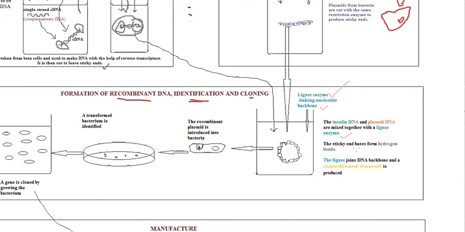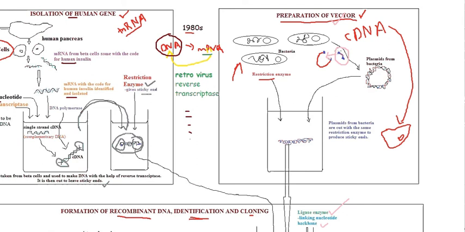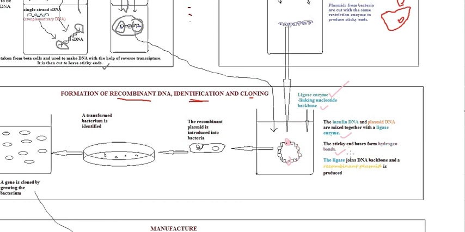Then the sticky end bases form hydrogen bonds. This region over here, this plus this, will form hydrogen bonds, and they'll be attached to each other. Hope that's clear. Then ligase joins the DNA backbone, and a recombinant plasmid is produced.